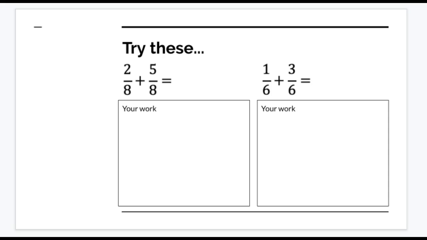So now we're looking at 2/8 plus 5/8. That answer is 7/8. And then you're looking at 1/6 plus 3/6. That answer is 4/6. However, 4/6 can be reduced. 4/6 can be reduced by 2. So we have here 4/6.